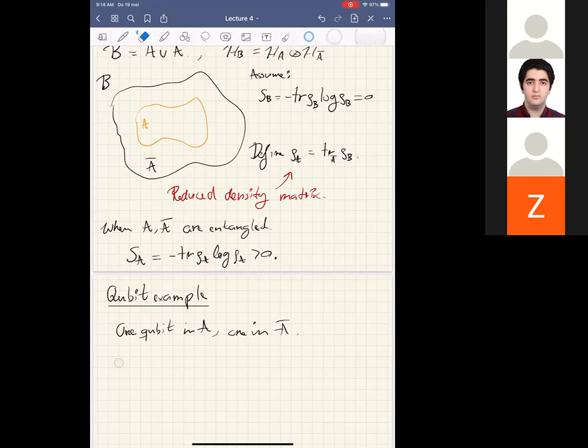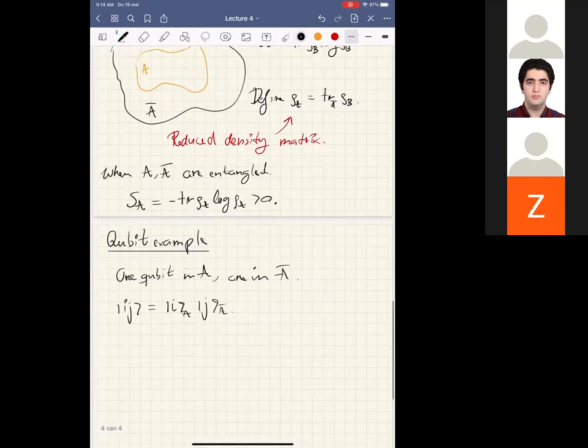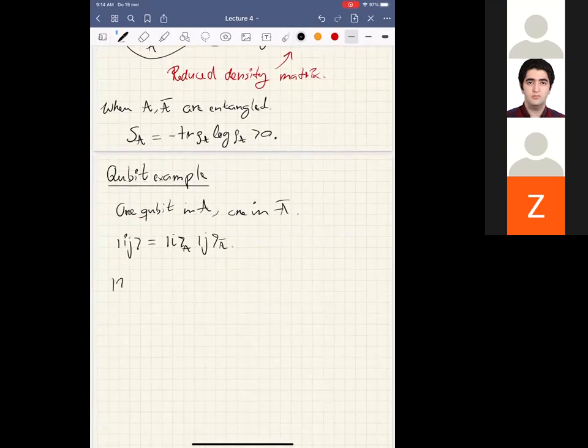Some notation: if you write down the vector ij, what we mean by that is state i in A and state j in A bar. Then the state that we will be interested in is the following entangled state, with a normalization factor.